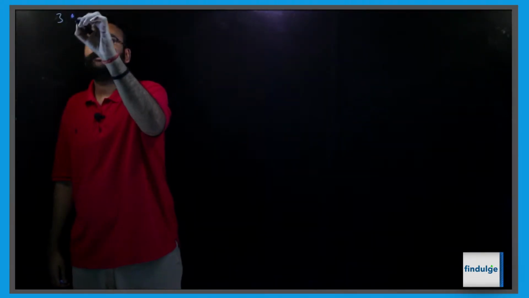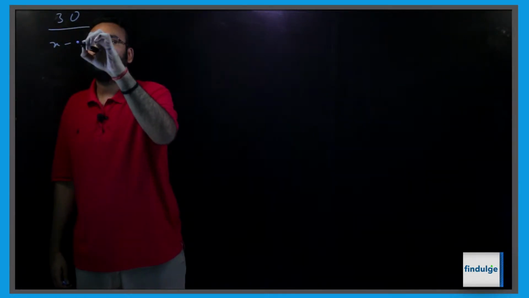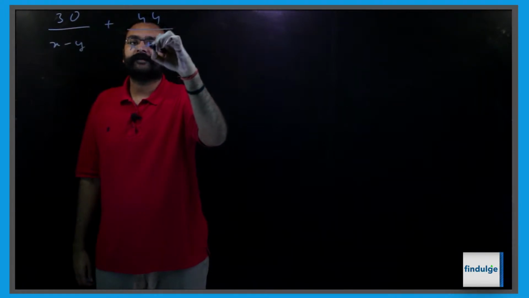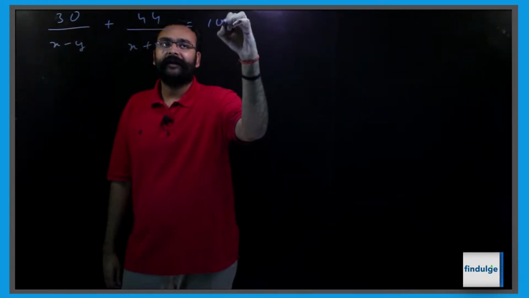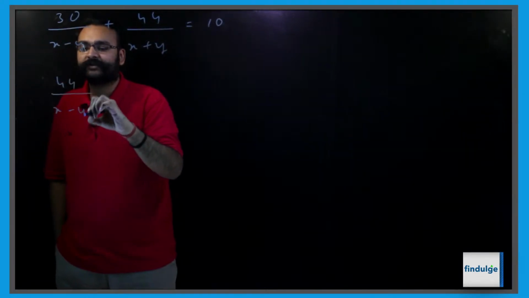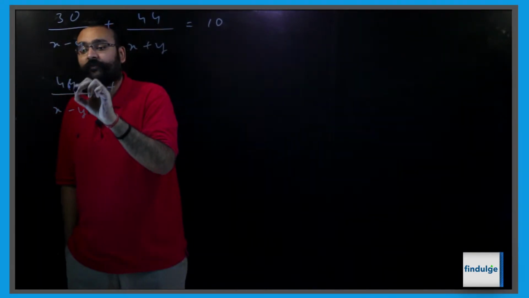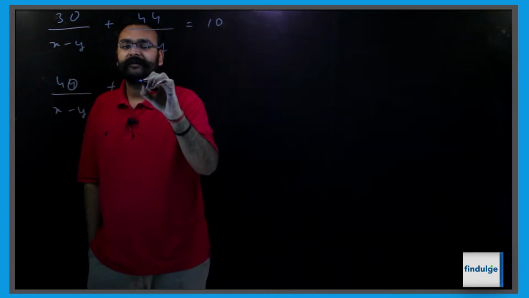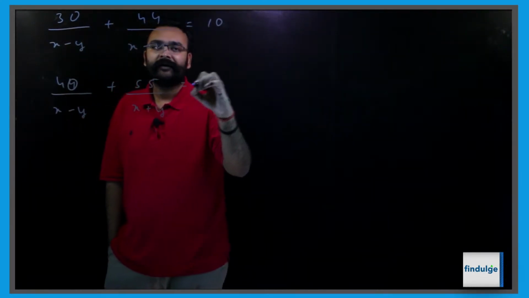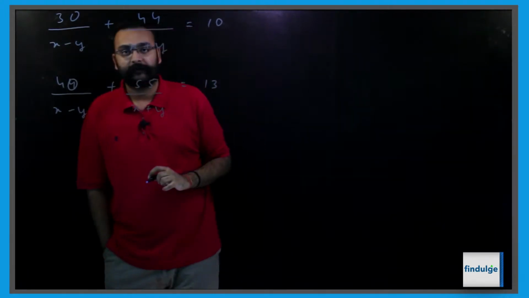So starting off, just again to rewrite our equations, we have 30 upon x minus y plus 44 upon x plus y equal to 10, and 40 upon x minus y plus 55 upon x plus y is equal to 13.